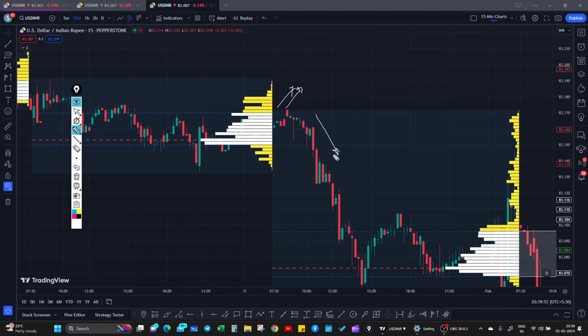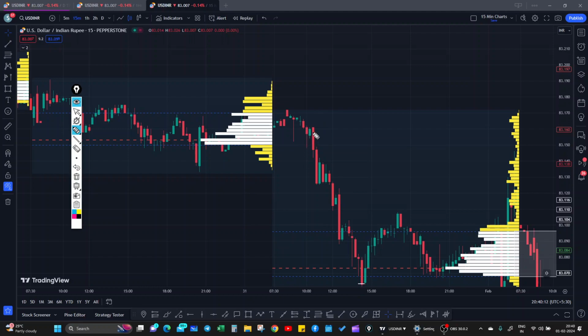It went down. Once it has broken the POC, it started moving, right? It started moving till where? Till here.